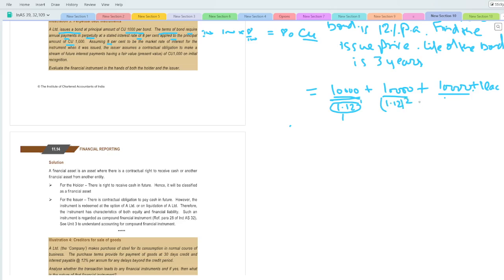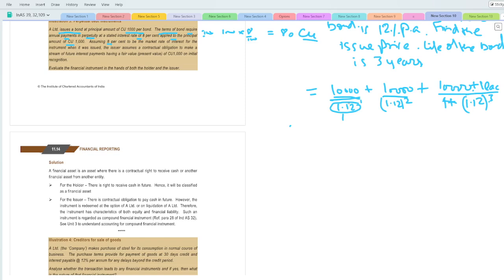This is the concept of the time value of money, which you would have studied or will study in AFM.